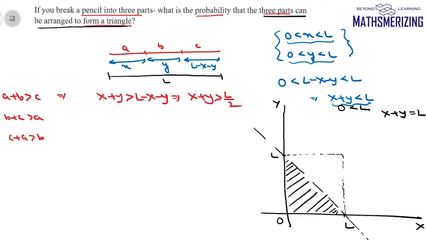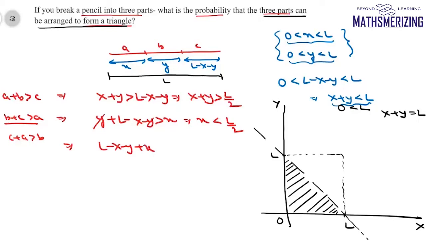Now from the second one, B plus C is greater than A. B is Y, plus L minus X minus Y, and it should be greater than X. So here Y will cancel, and I'll get X should be less than L by 2. And from the third one, C plus A, C is L minus X minus Y plus X, and it should be greater than Y. So here I'll get Y should be less than L by 2.